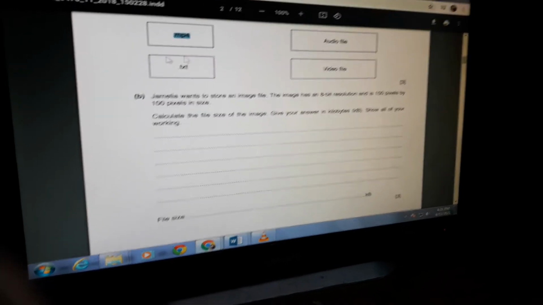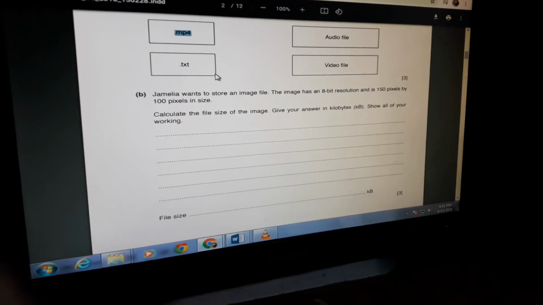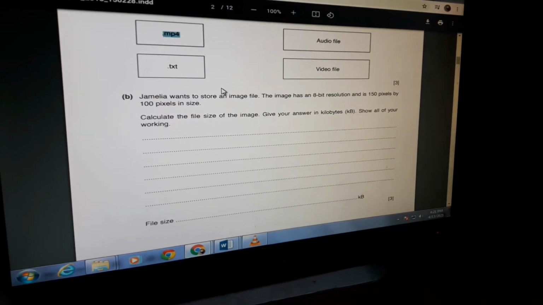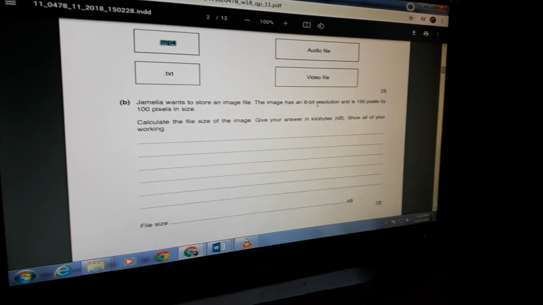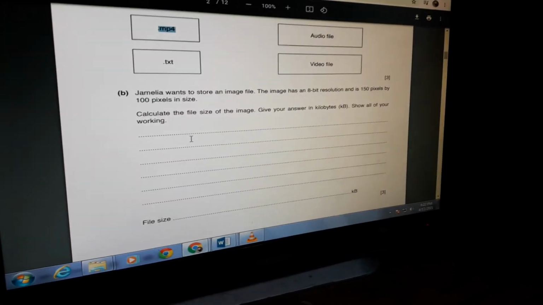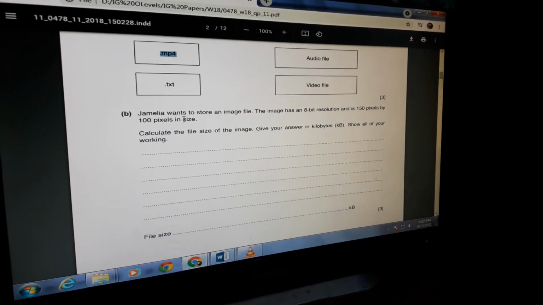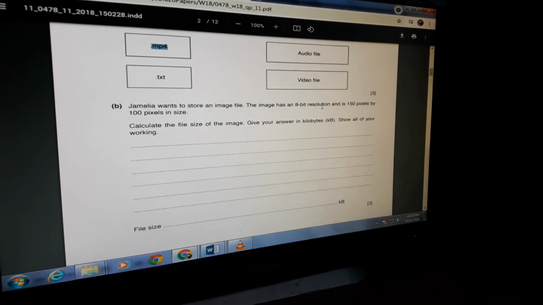Suppose this is the picture, so 150 pixels multiplied by 100, these are the two dimensions, and since it is 8-bit resolution, we multiply by 8. Whatever we get, that will be the number of pixels and the number of bits.